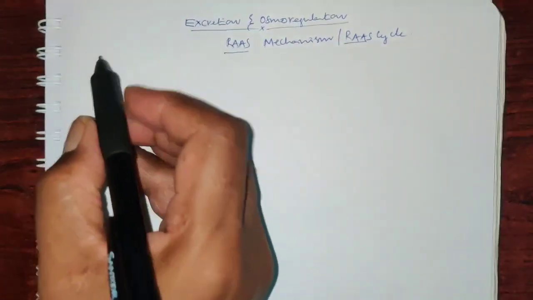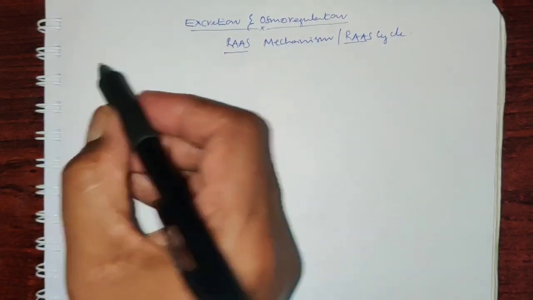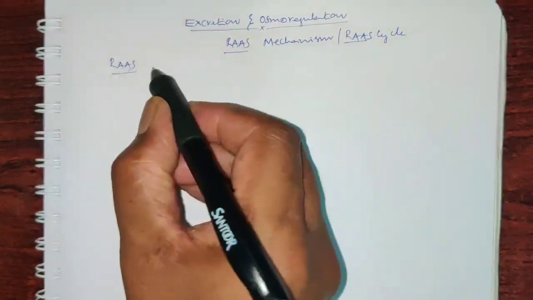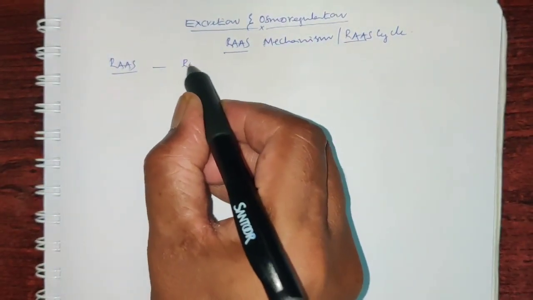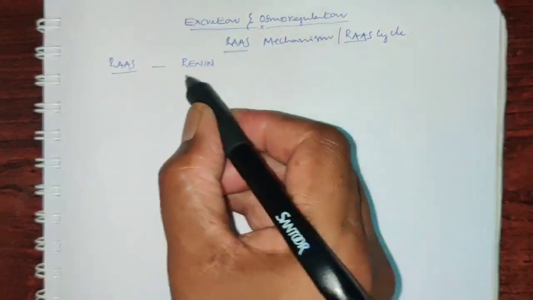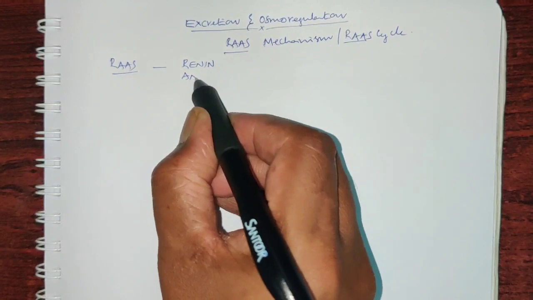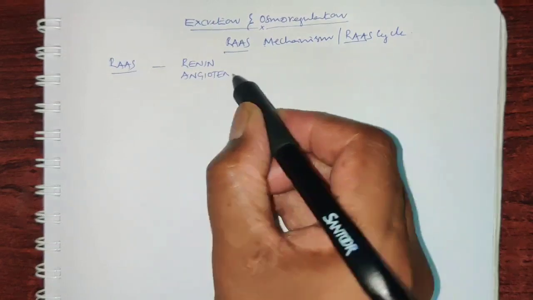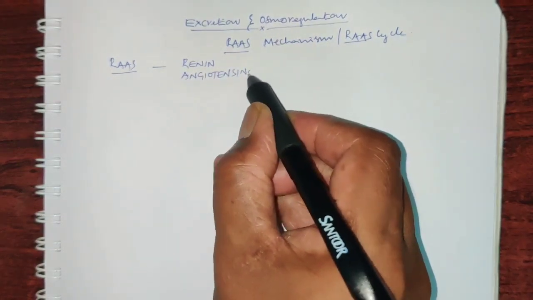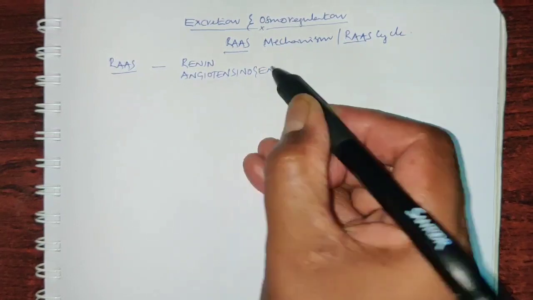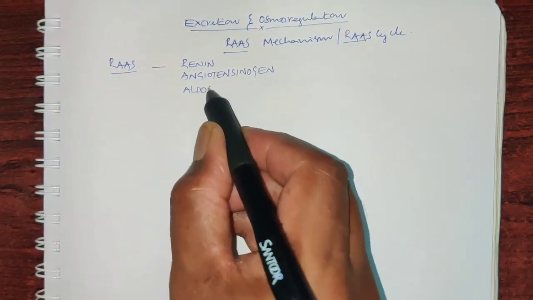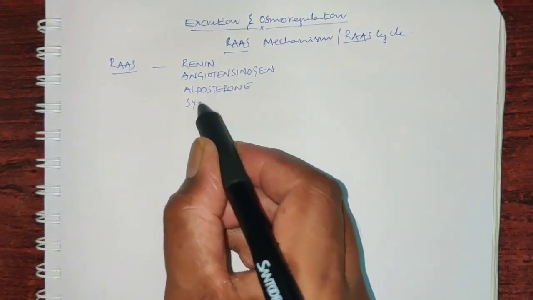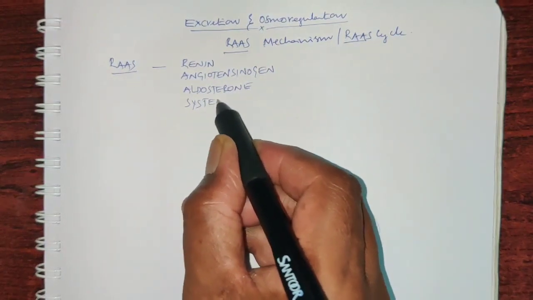What is RAAS? RAAS means renin, angiotensin, aldosterone system, or a cycle.